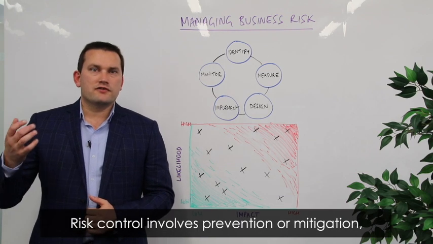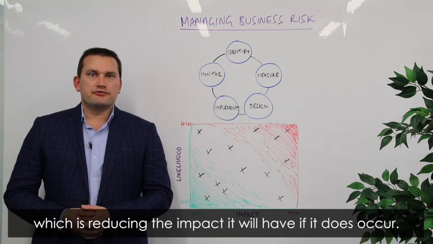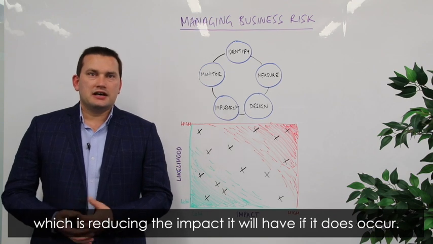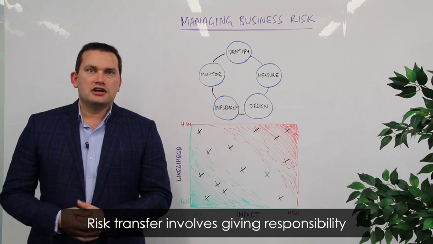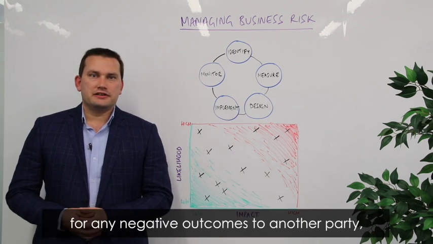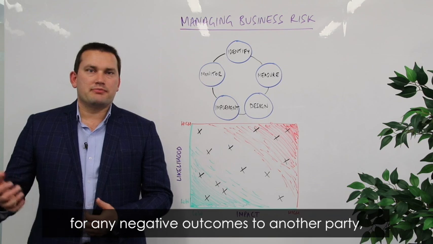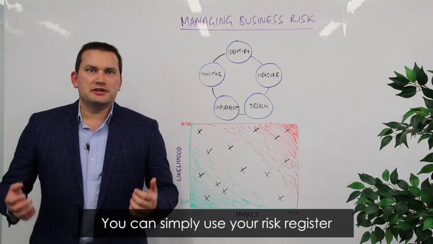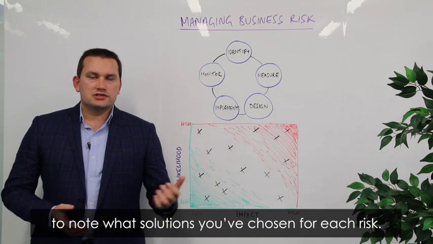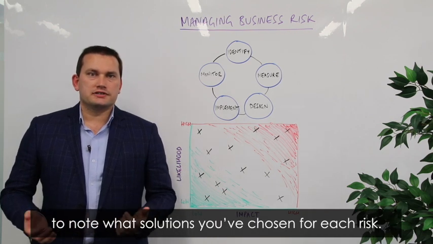And risk control involves prevention or mitigation, which is reducing the impact it will have if that risk does occur. And then finally, risk transfer involves giving responsibility for any negative outcomes to another party, such as insurance or warranties. And you can simply use your risk register to note what solutions you've chosen for each risk.